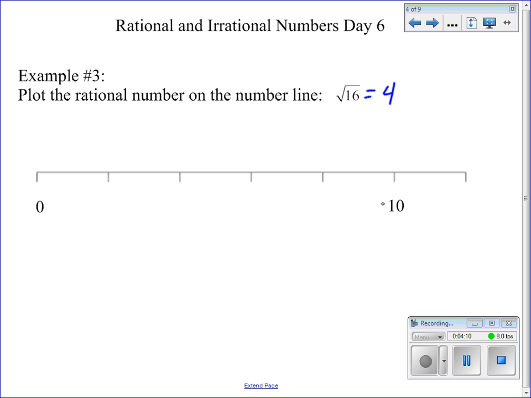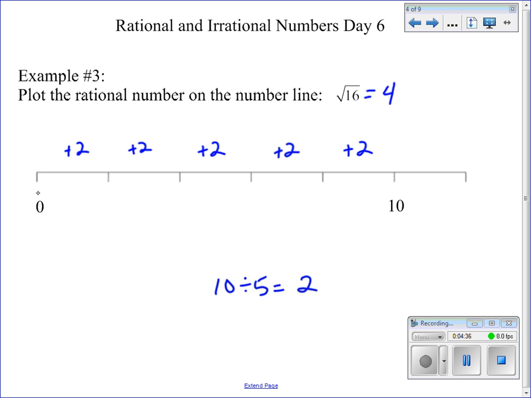We notice that between 0 and 10, there's 1, 2, 3, 4, 5 groups, which means this is going to be split into 5 sections. When I take 10 divided by 5, I notice that it equals 2. So each interval then has to be worth an additional 2.